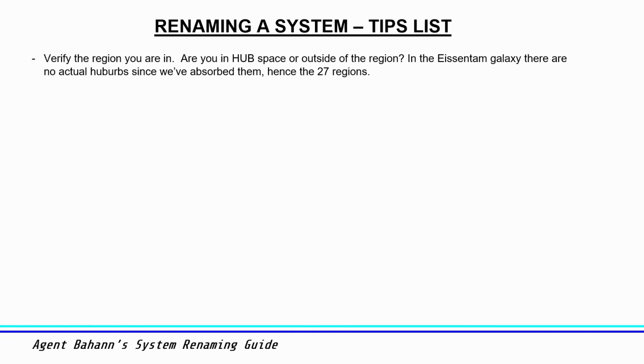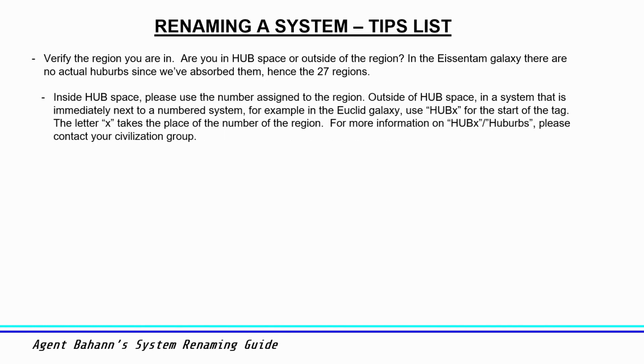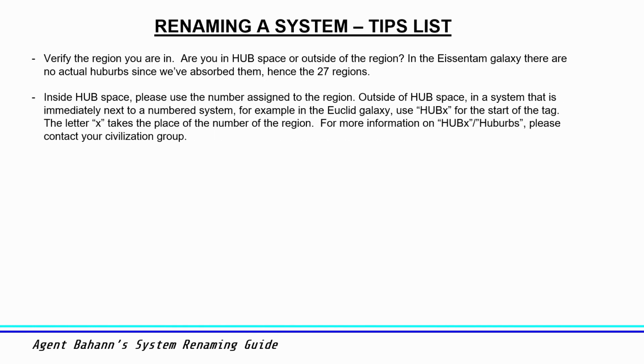First, you want to verify the region you're in. Are you in hub space or outside of the region? In the Eissentam galaxy, there are no actual hubbers since we've absorbed them, hence the 27 regions. Inside hub space, please use the number assigned to the region.